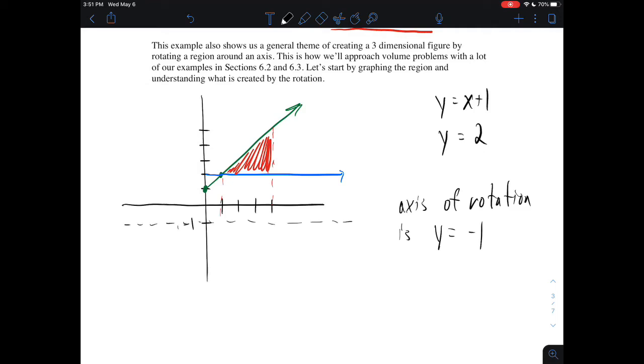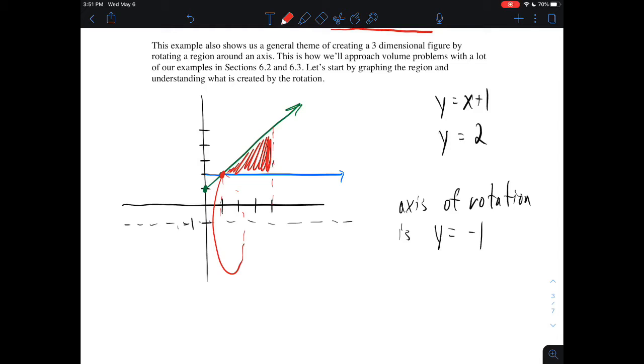So now if you turn your head maybe to the left or the right, imagine rotating this red triangle around this axis. And when you rotate things, you're creating circular shapes. So for example, if I started on this lower point on the bottom left of that triangle, and I rotated it around that line y equal negative 1, I would get some circular shape like that.